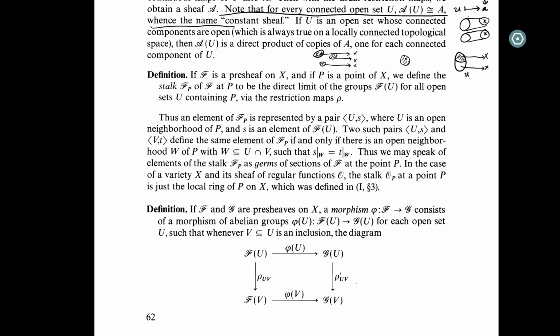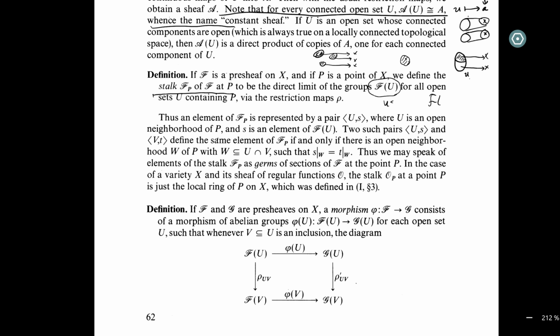Definition: F is a presheaf on X, and if P is a point of X, then we define the stalk of this sheaf at this point to be the direct limit of the groups. So this is a system of groups for open sets U containing P with restriction maps. So this is a direct limit with transition maps.